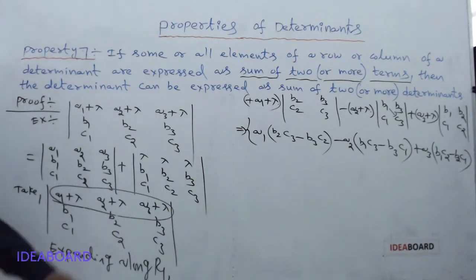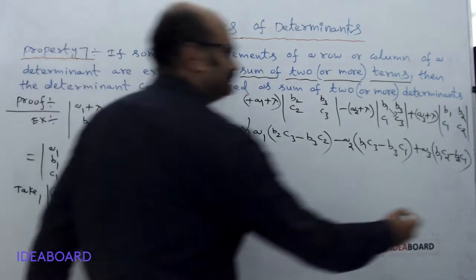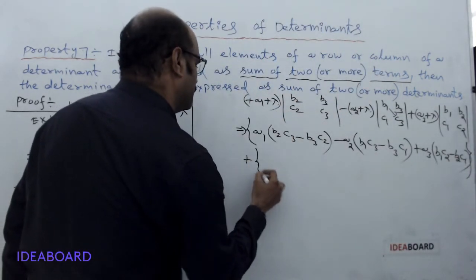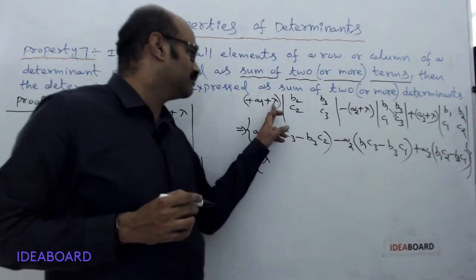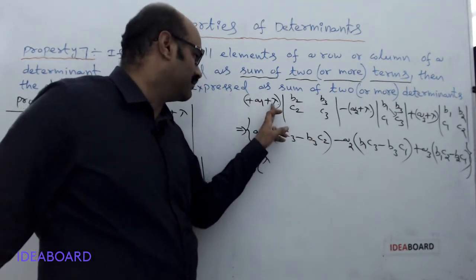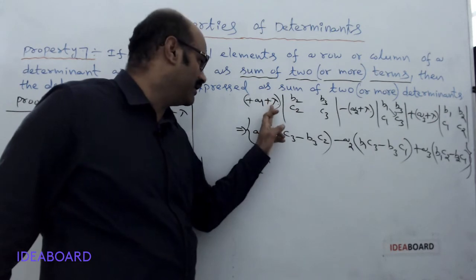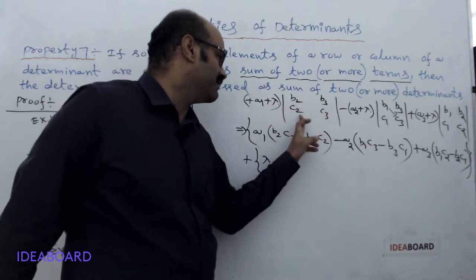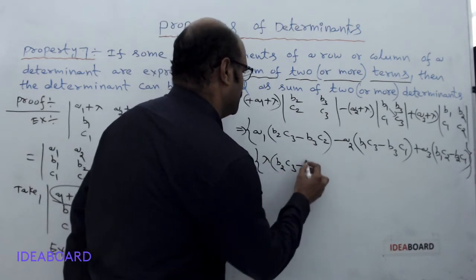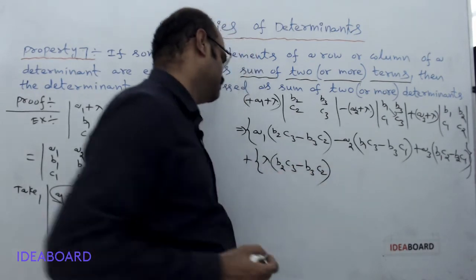Similarly, next we have to write with lambda. Plus lambda into, with A1 we have written here, now with lambda we should multiply, lambda into B2 C3 minus B3 C2, B2 C3 minus B3 C2.